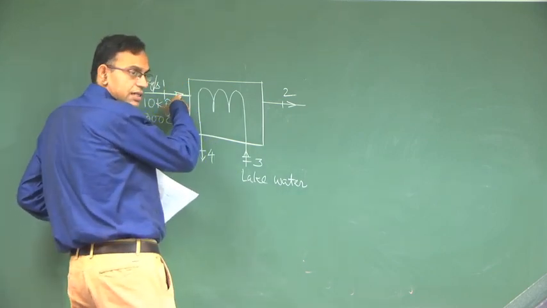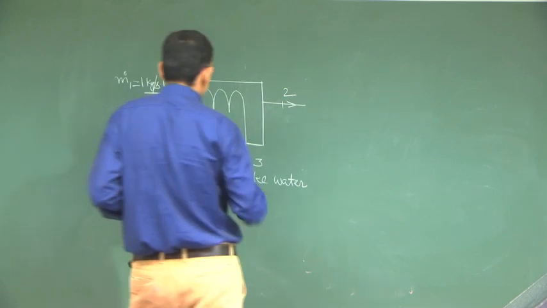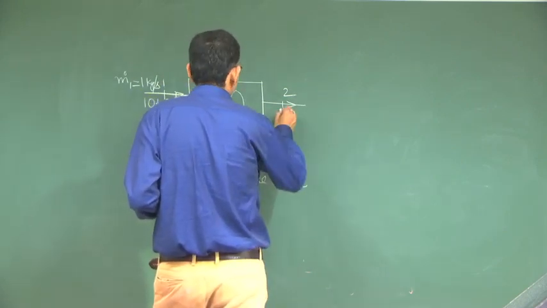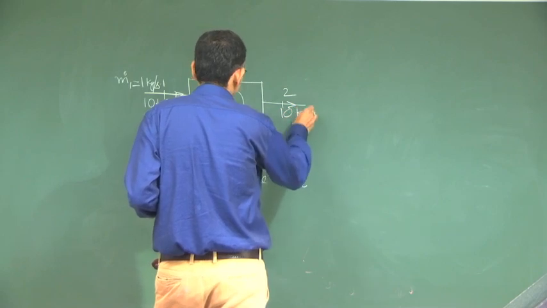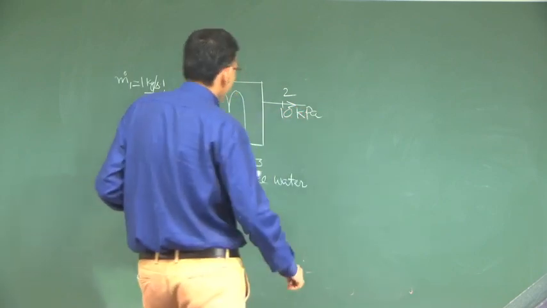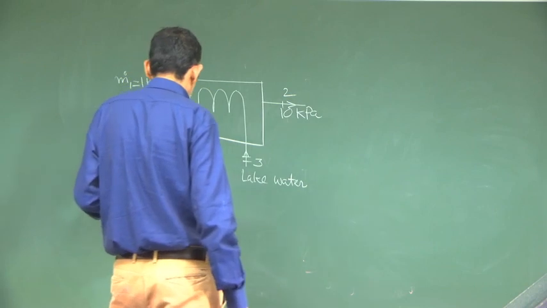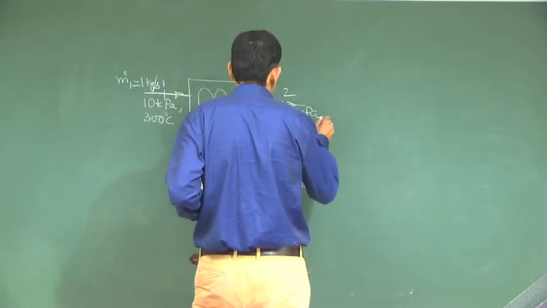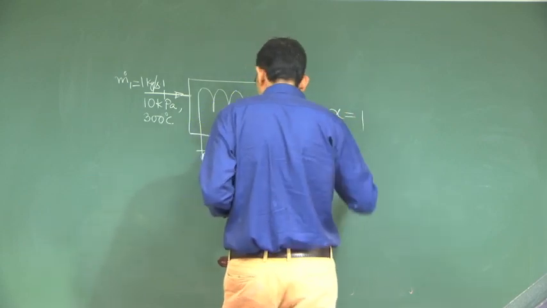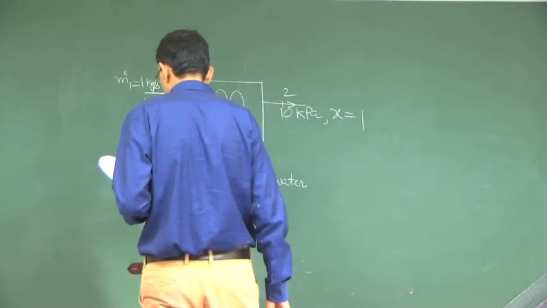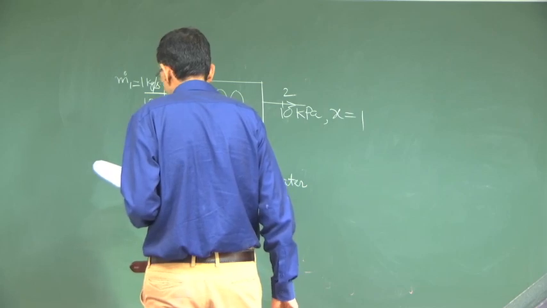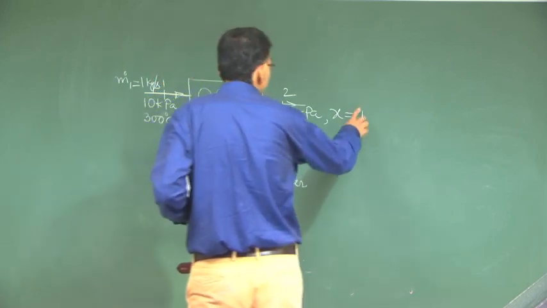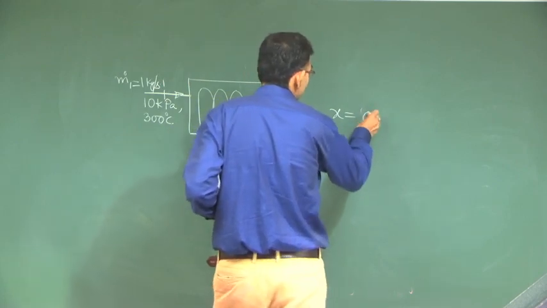This is actually the exit state of the turbine, and then it comes to 10 kPa, the same pressure, and quality equal to 0, saturated liquid at 10 kPa.